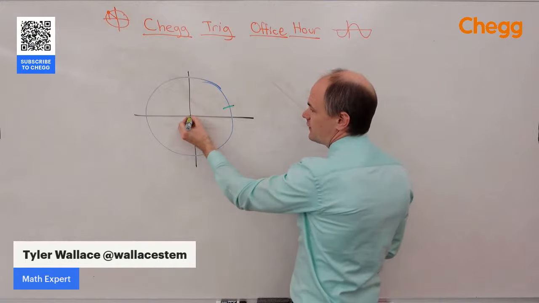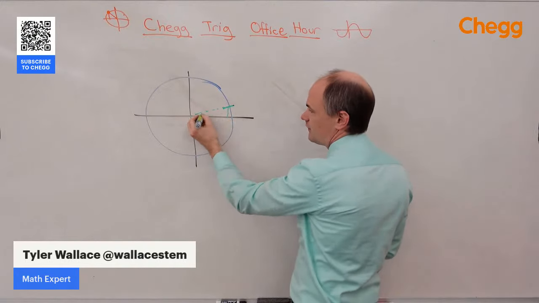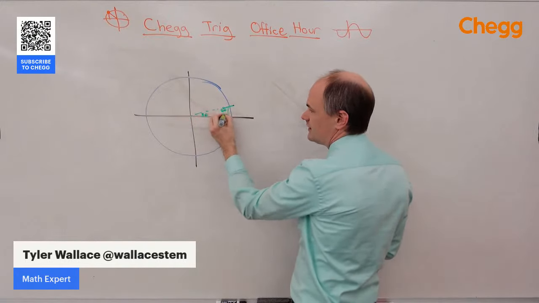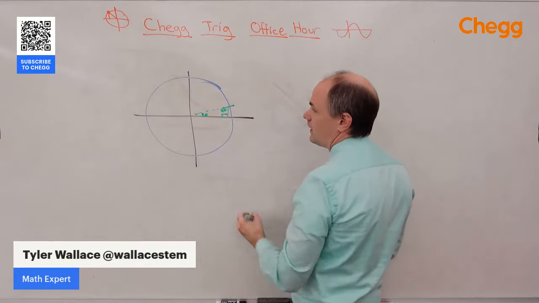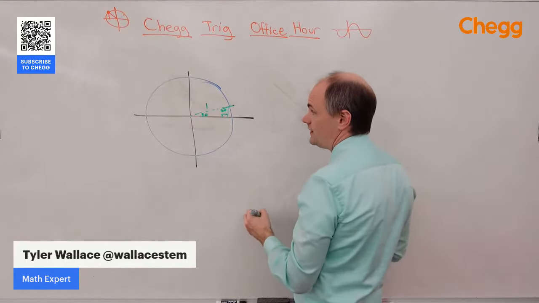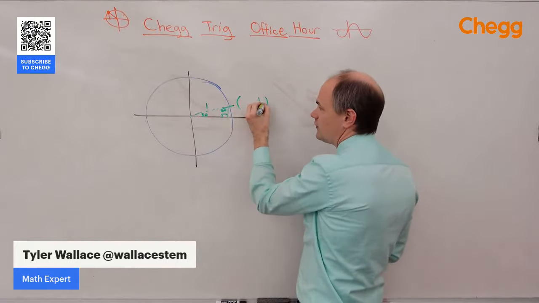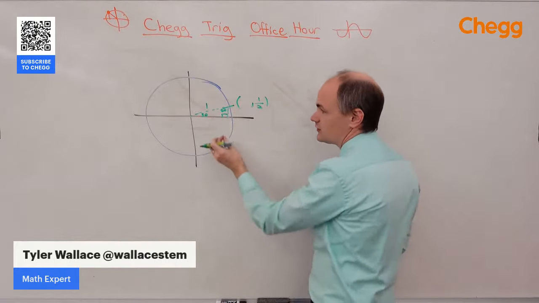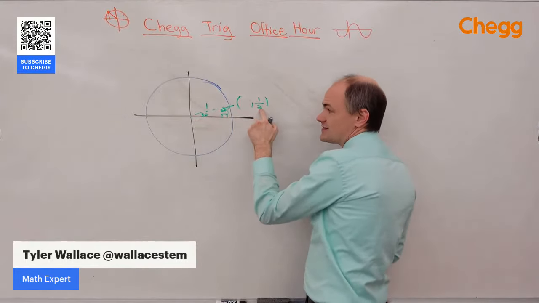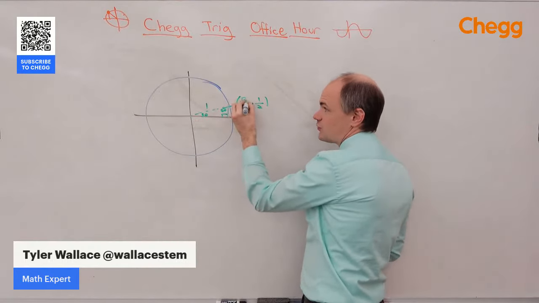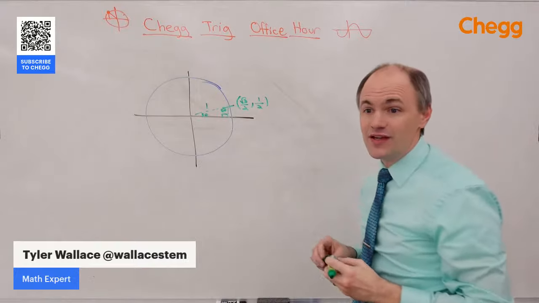Right here, that's a 30, 60, 90 triangle. I know the hypotenuse is 1, so the short side is half of that. The short side, the y-coordinate, is half of that hypotenuse. The long side is that short side times the square root of 3, and that's how we get the point.